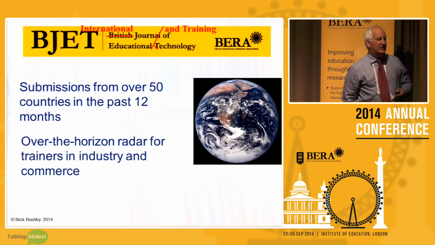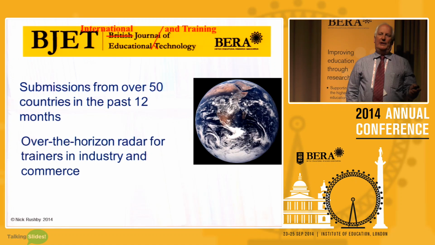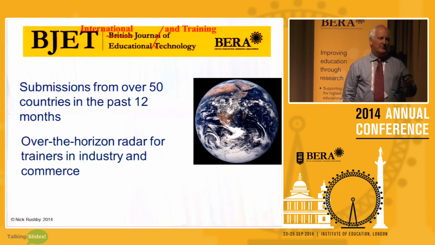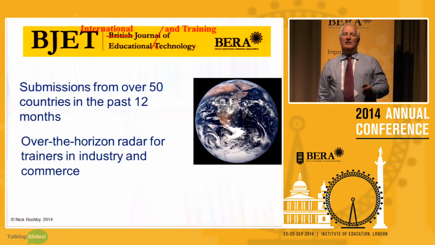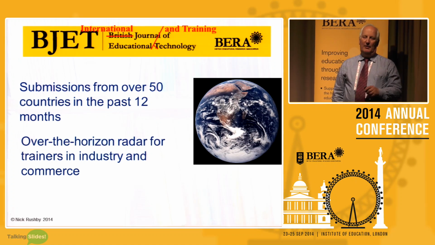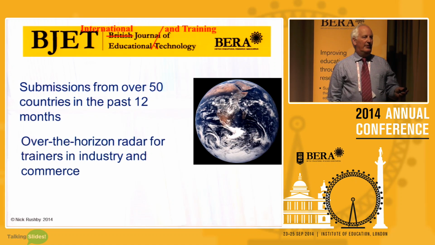In actual fact, it's international. Something like 7 or 8% at the moment, it varies a bit, 7 or 8% of our submissions come from the United Kingdom. The others come from the other 49 countries. It varies. Some years there are 70 different countries represented.